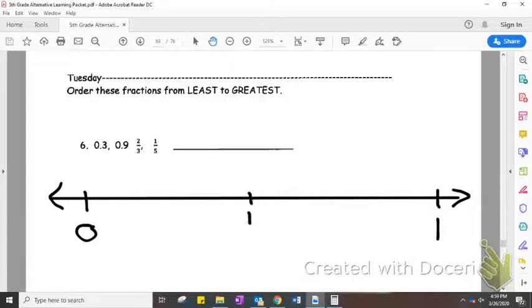I'll put 1/2 in the center, which is equivalent to 5/10. Okay, so 3/10 and 9/10. Let's put them on the number line. 3/10 is going to be, let's see, this is 0 to 5/10, so we can say 1/10, 2/10, 3/10, 4/10. So 3/10 would be about here.